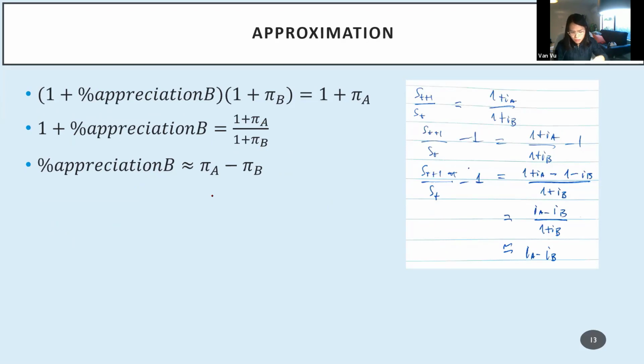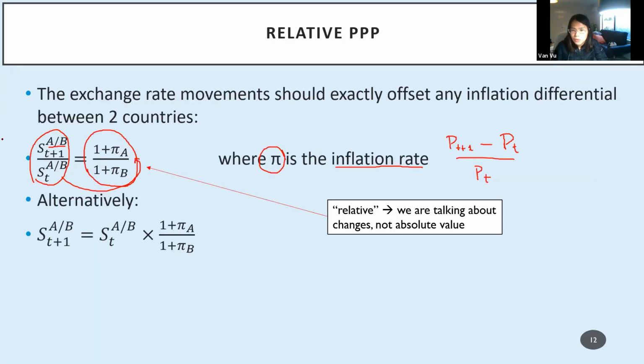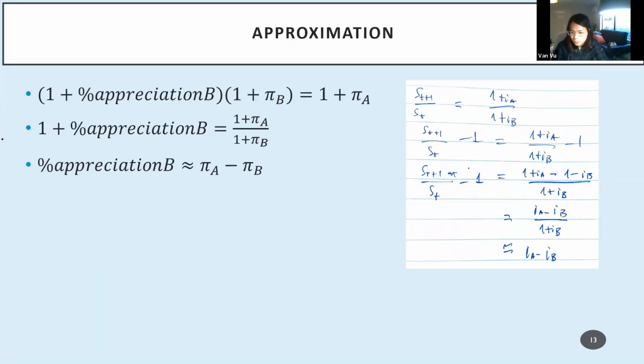Right. So this is the topic when I miss my projector a lot because I can't use it to show you guys how to derive these equations. What I had to do was copy and paste a handwriting to my slide, okay, which is not too efficient. Okay, so from the relative PPP, I can also derive the approximation.